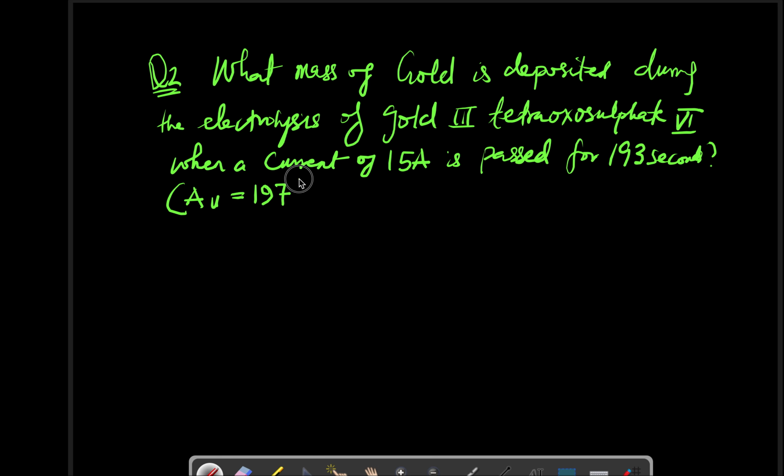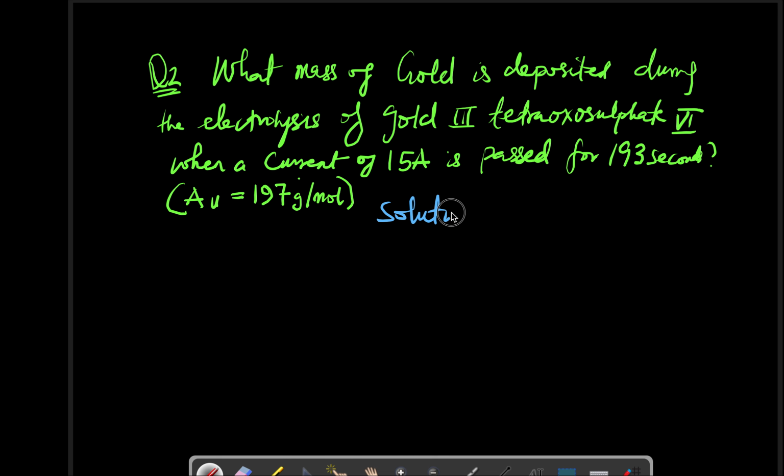They have given you the molar mass of gold, which is 197. Let me add the unit, gram per mole. The unit is not added here, but let me just add it so that you know that it's for molar mass. Now pause this video and see if you can provide the solution to this particular problem.